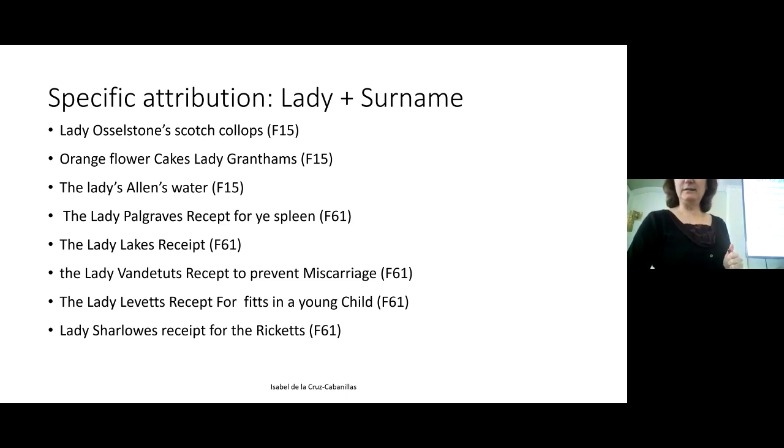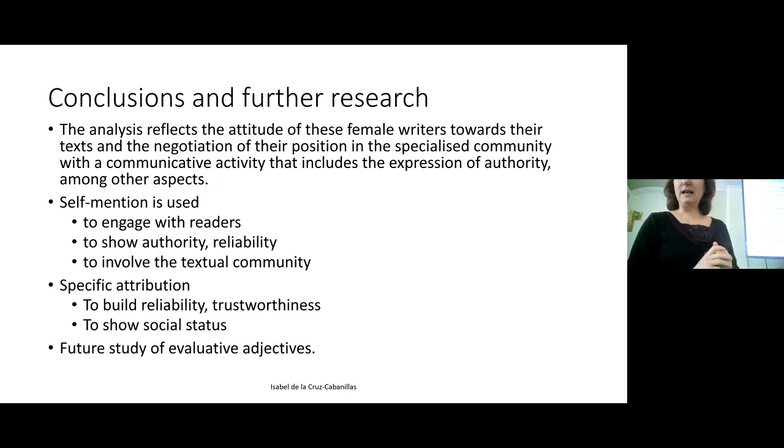So these appear on these occasions, and now my conclusions. The analysis reflects the attitude of these female writers towards the text and their negotiation of their position in the specialized community, with a communicative activity that includes the expression of authority mainly, but there are some other aspects.